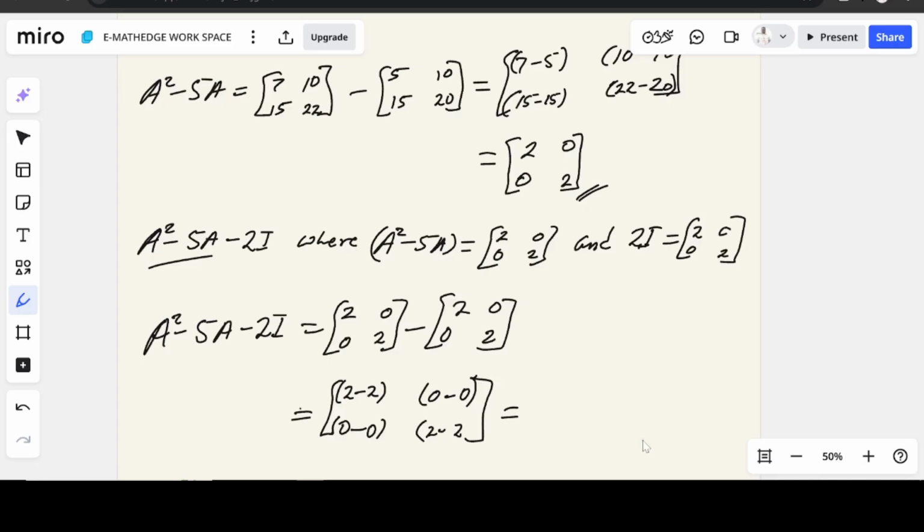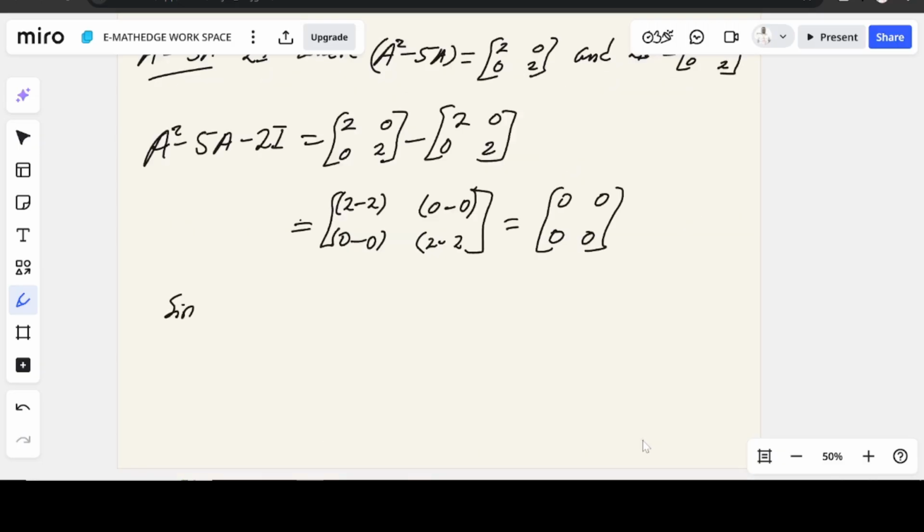So if you are to simplify this matrix further, we are going to have 2 minus 2 is 0. 0 minus 0 is 0. 0 minus 0 is 0. And 2 minus 2 is 0.